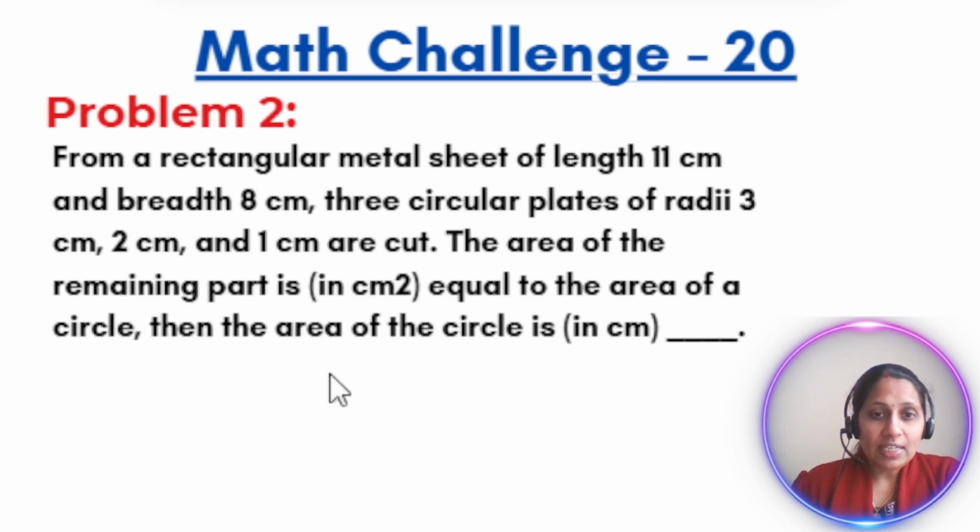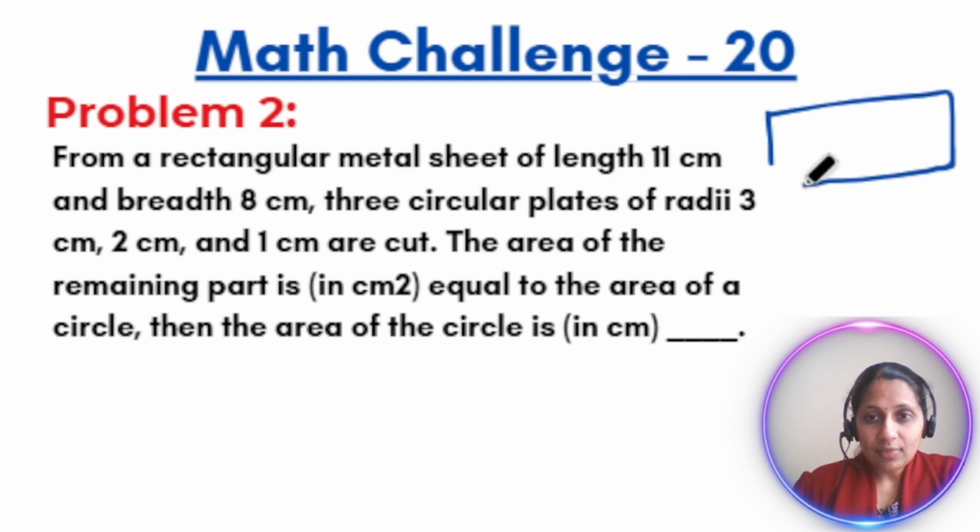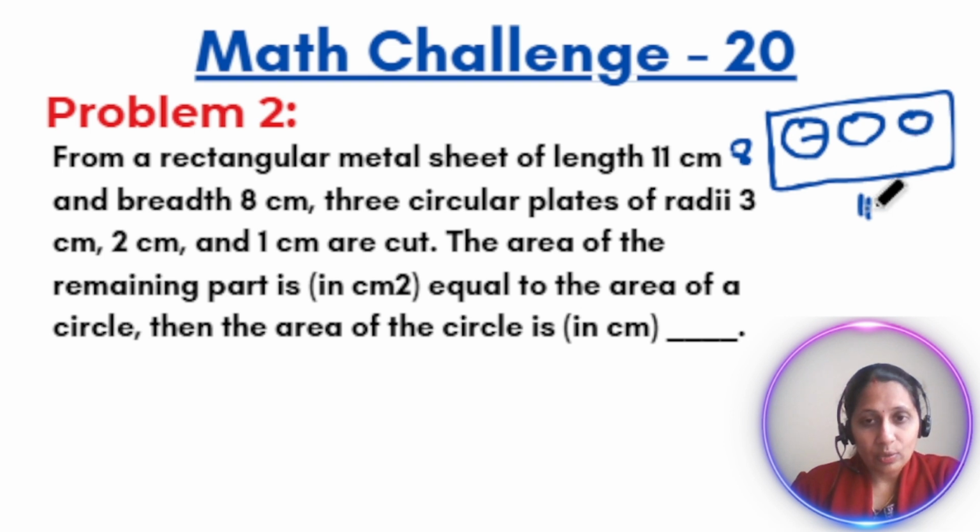Now let's go to the second problem. From a rectangular metal sheet of length 11 and breadth 8 centimeter, 3 circular plates of radii 3, 2 and 1 are taken out. The area of the remaining part after taking these 3 circles out is equal to the area of a circle. So they are asking you to find the area of the circle. Which means let's find the area of the 3 circular plates.